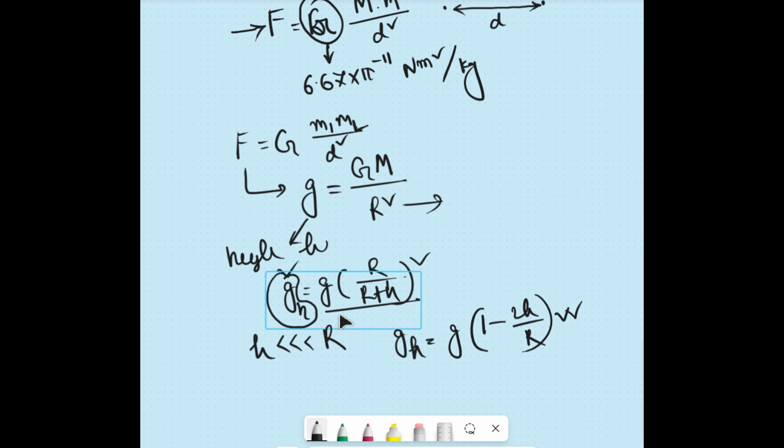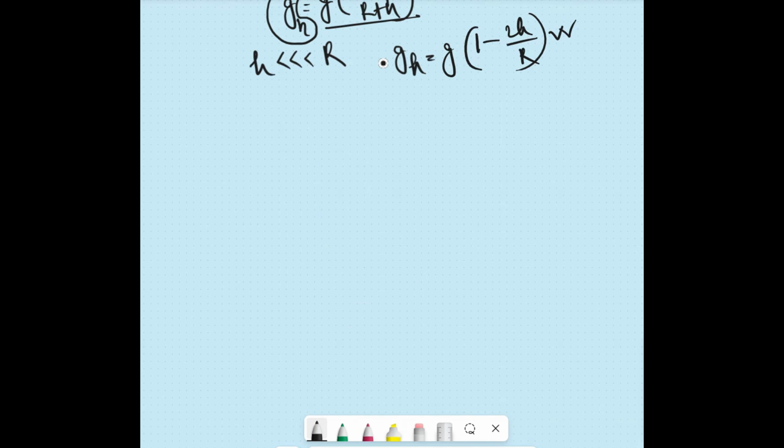So from this chapter we already have three equations: one is the force F, another is the acceleration due to gravity, and another is for calculating the acceleration due to gravity at a height.